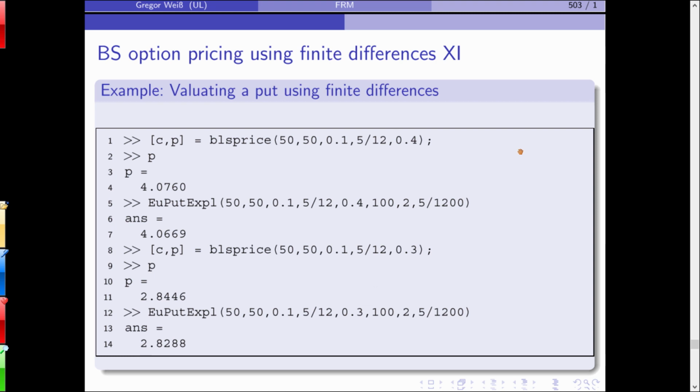If you do it here, you can see that the Black-Scholes price is 4.076, and if you use finite differences, you get 4.0669. Second example, 2.84, 2.82. Again, only tiny differences between the Black-Scholes price and the approximation using finite differences.